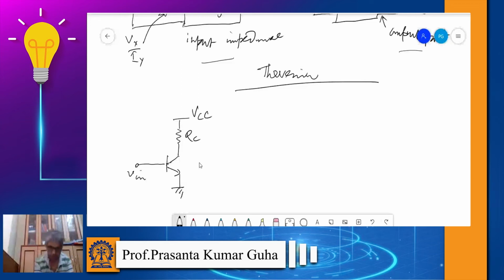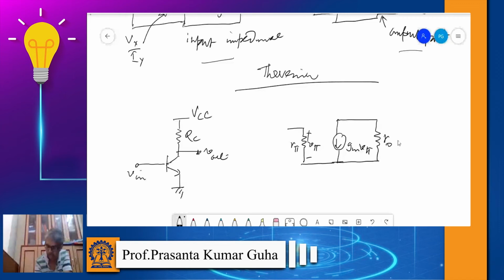We can replace this with a small signal model, that is, we have R pi here, we have the corresponding gm V pi, because there is a voltage drop V pi here, and we have R naught here.